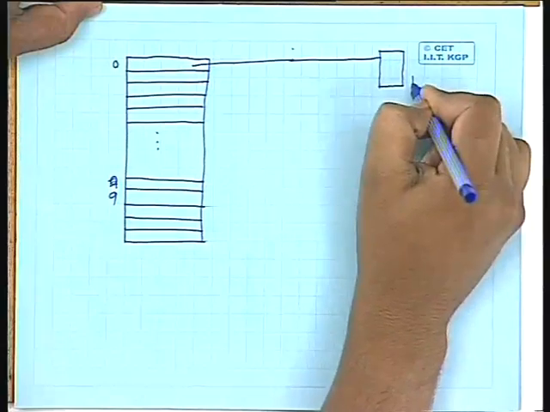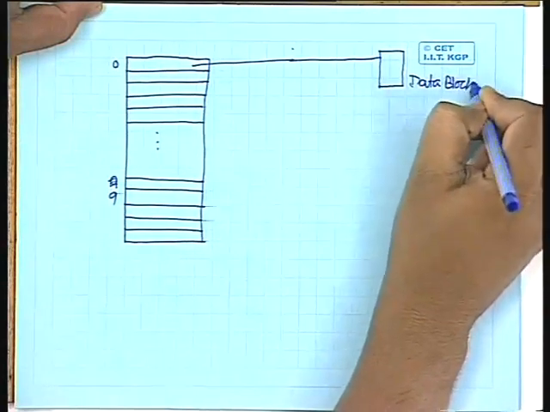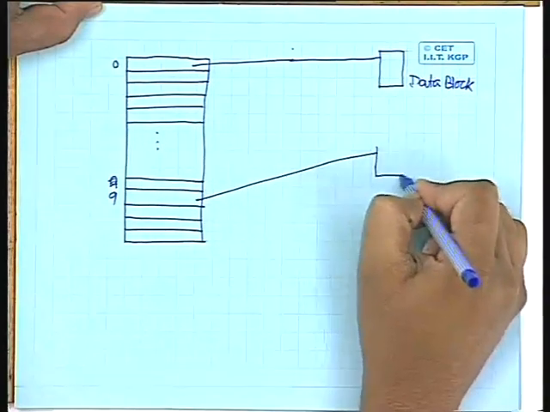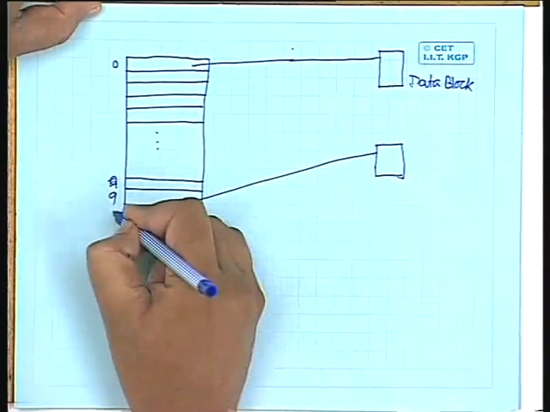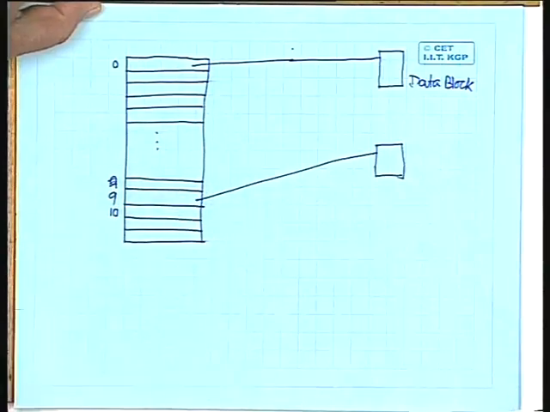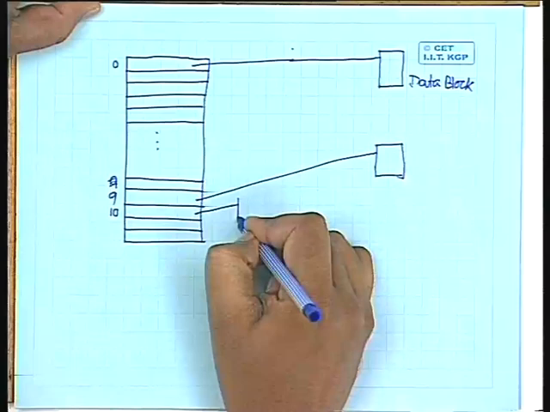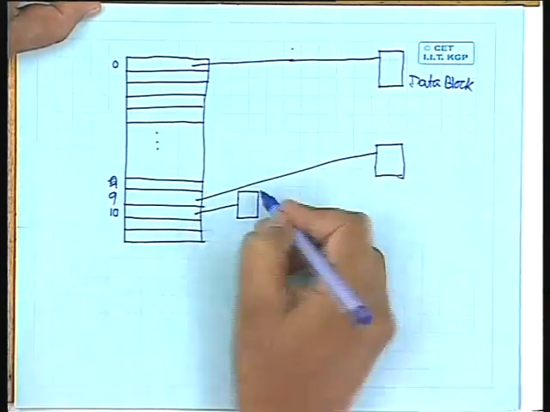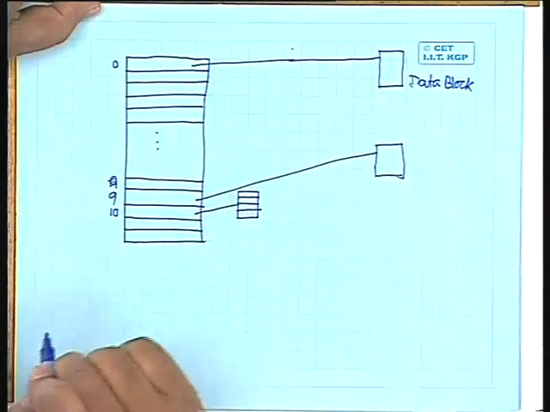So this is the data block. Similarly, this also points to a block which contains the file data. Entry number 10 is a single indirect block, or single indirect pointer. That means it points to a block which itself contains a number of block addresses.